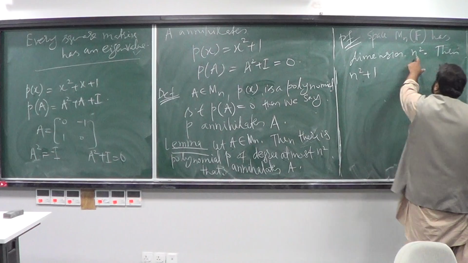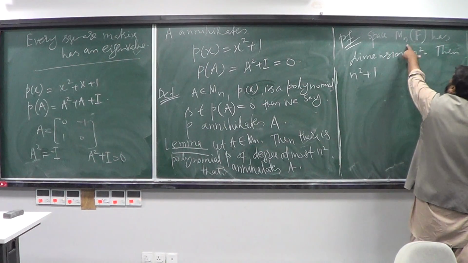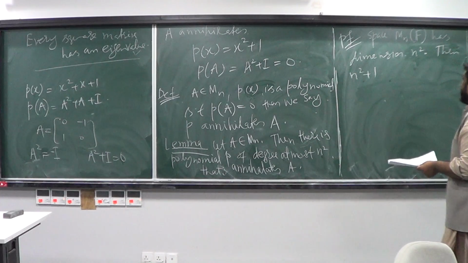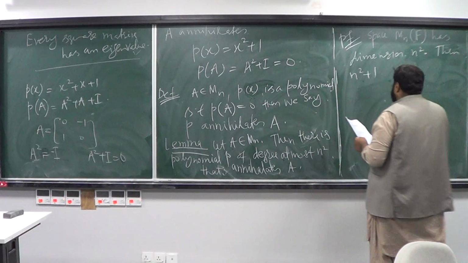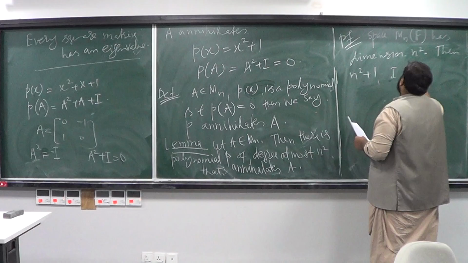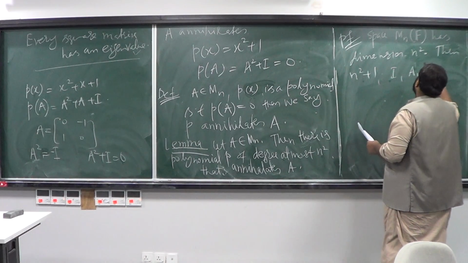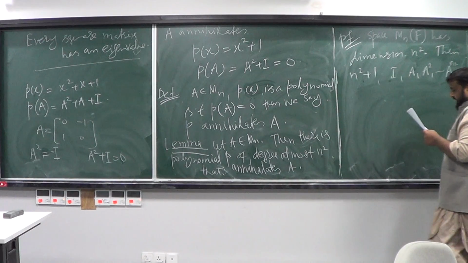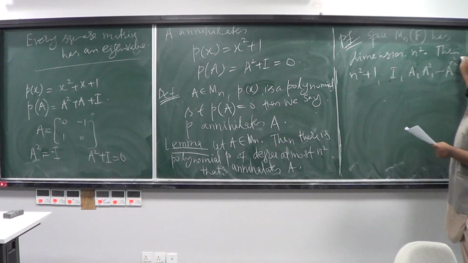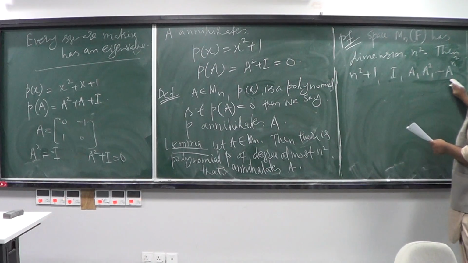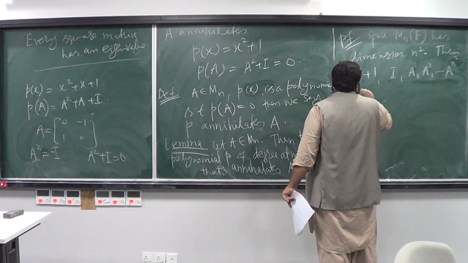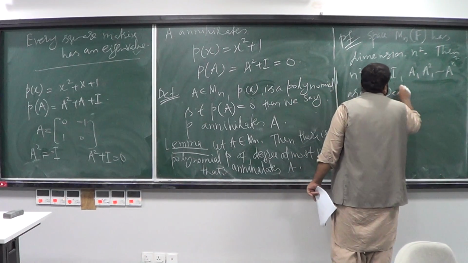So if the dimension of the space M_n(F) is n square, then these n square plus 1 matrices, I, A, A square, up to A power n square, are linearly dependent.